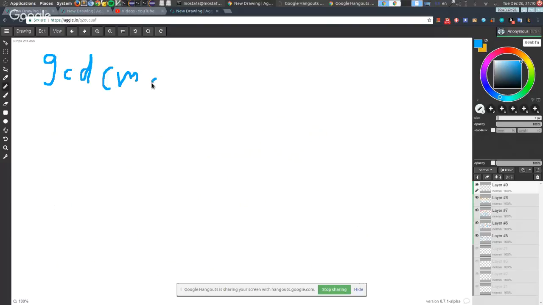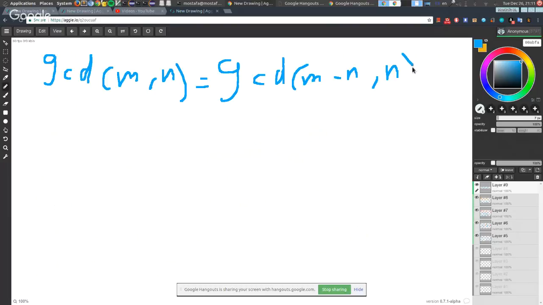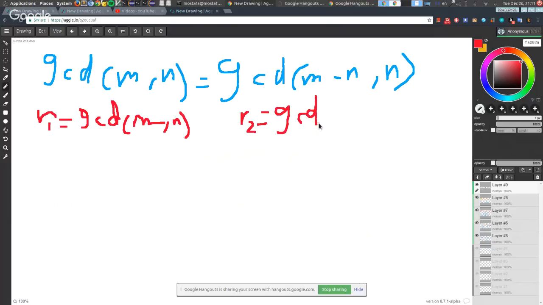The GCD between M and N is the same as the GCD between M minus N and N. So to prove this, basically the first part is the GCD of M and N, and R2 is the other part. So basically we need to prove that R1 is equal to R2.